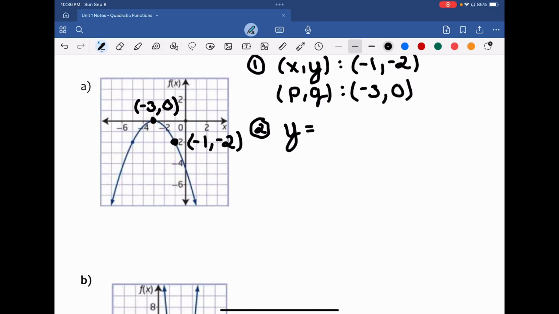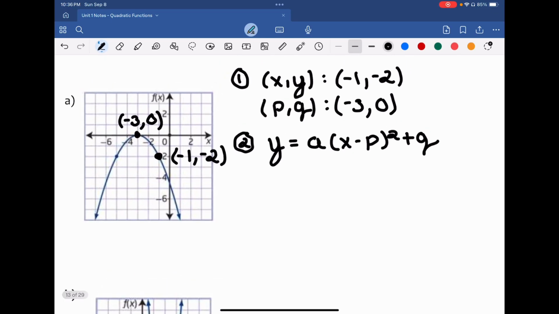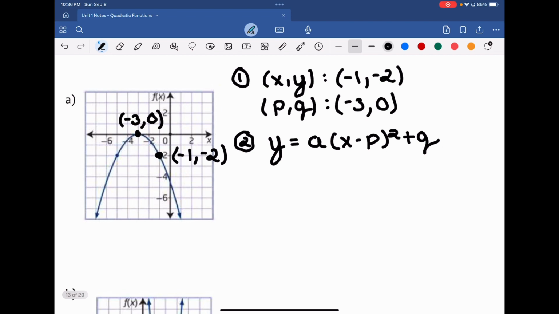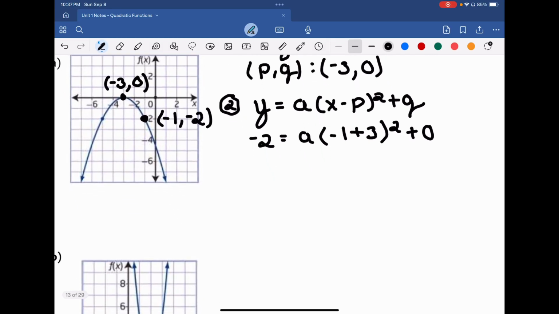I'm going to write out the original equation, which I always recommend: y equals a(x minus p) all squared plus q. I'm then going to plug in the specific points of x and y and p and q. For my y value, it's going to be -2, which is equal to a. The x value was -1. p was -3, but because it's negative, it's actually positive in the bracket. And then the q value was +0, which keeps this simple for us.